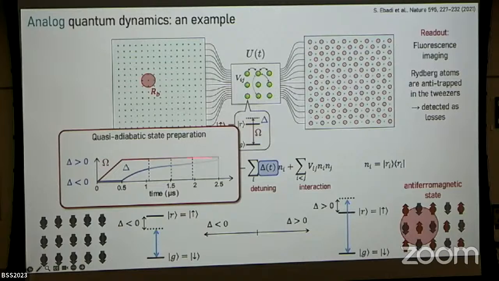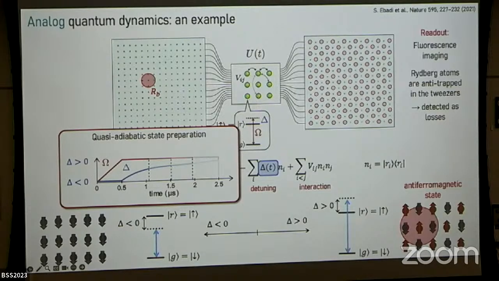This is not the only way you can prepare a phase. There are other ways. But this is the one that has been used the most, at least so far. There are these shortcuts to adiabaticity that you can use. We did something along those lines in an experiment, where you use optimization algorithms to try and find some shortcut.